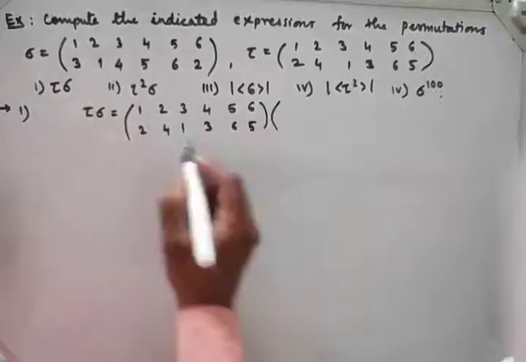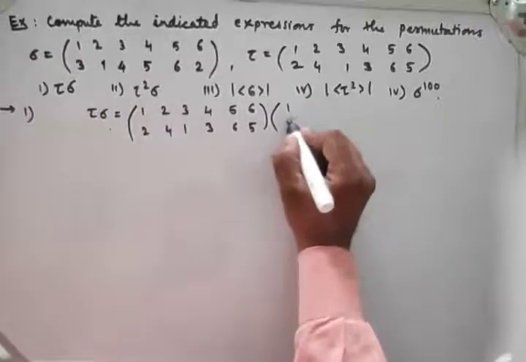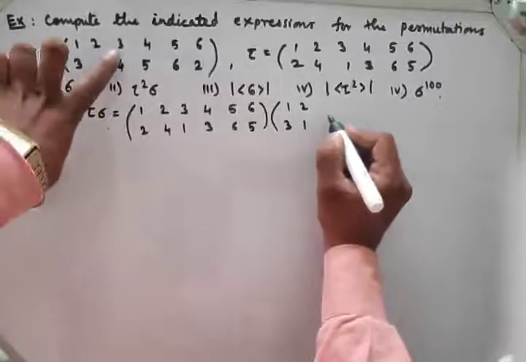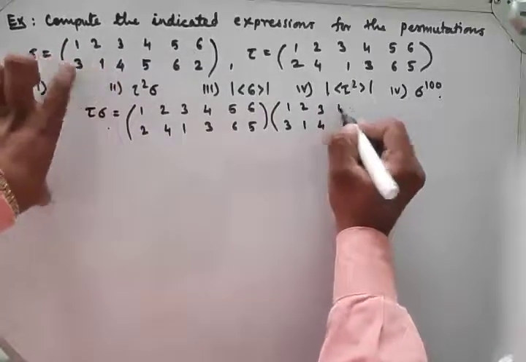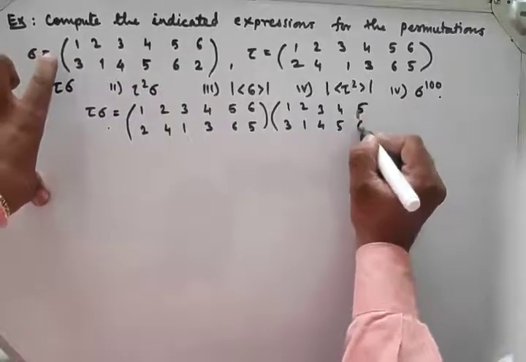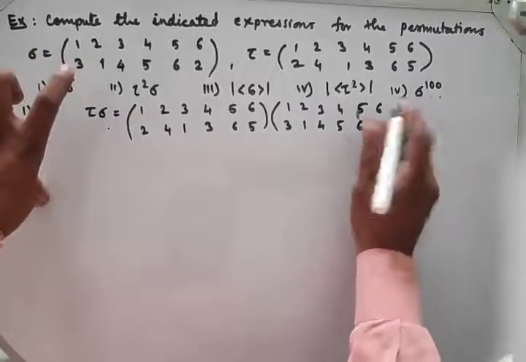And sigma of 1 is 3, sigma of 2 is 1, sigma of 3 is 4, sigma of 4 is 5, sigma of 5 is 6, and sigma of 6 is 2.